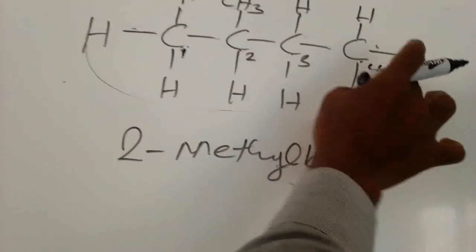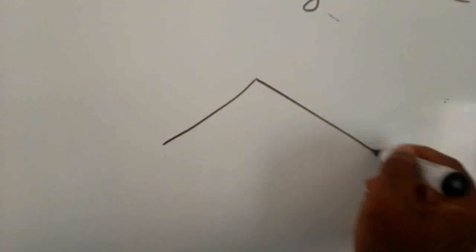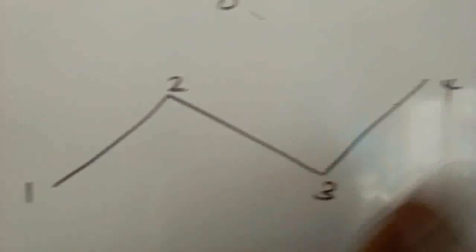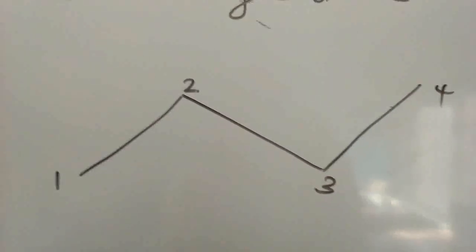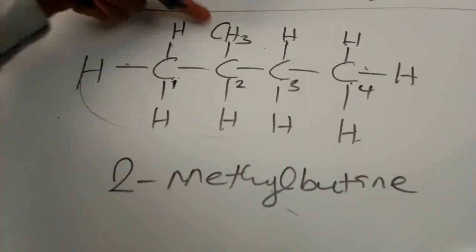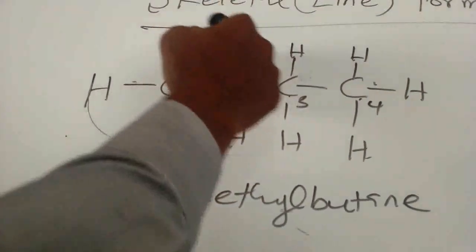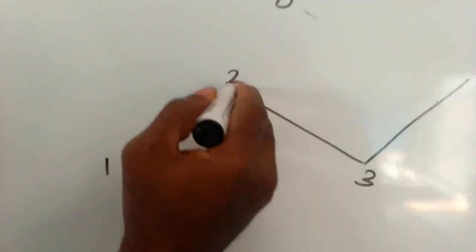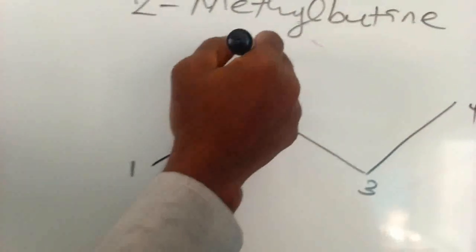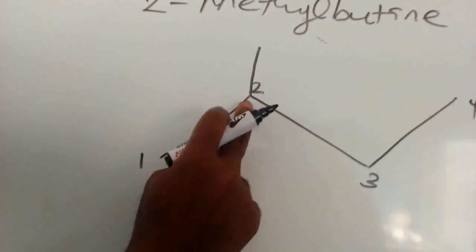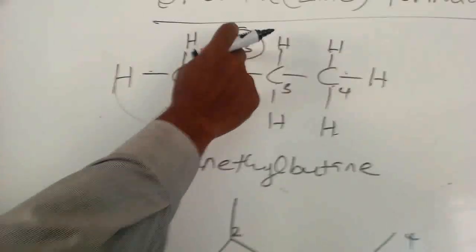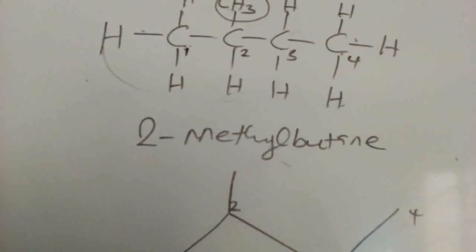We'll draw this out first. Then we have a substituent, a group that is not hydrogen. Look at this substituent, the methyl group. How do we represent this methyl group on the skeletal formula? We draw a line pointing up on carbon number 2. And this line represents the methyl group. So this is the skeletal formula of 2-methyl butane.